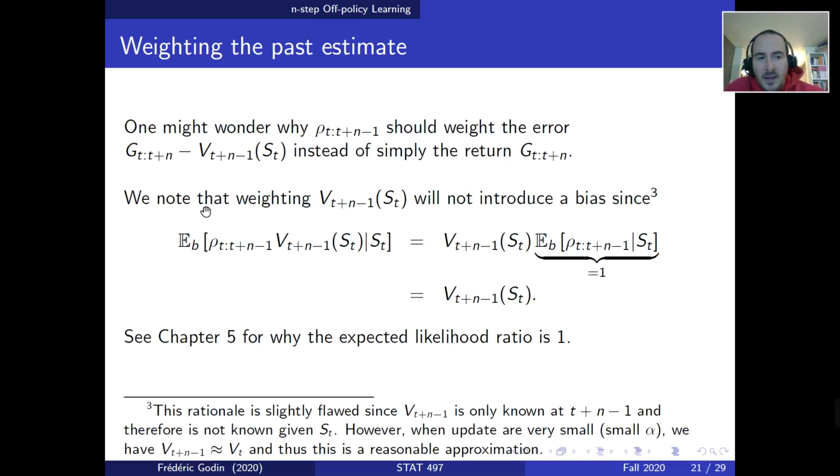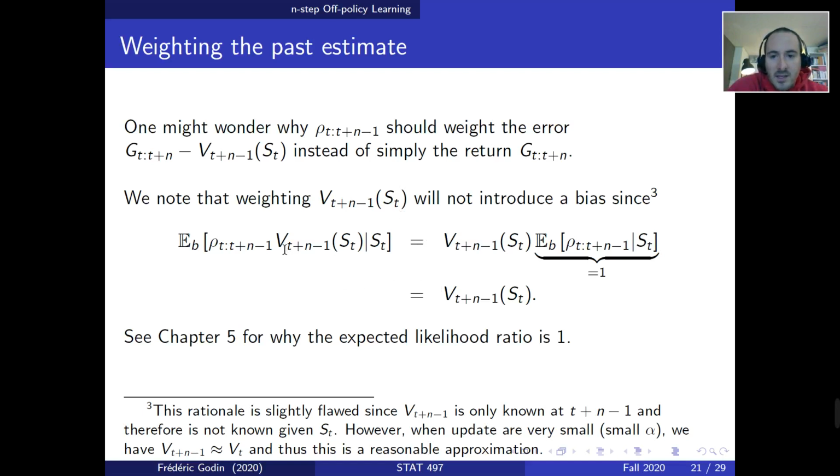The expected value under the behavior policy b, which is the policy under which we've simulated our episodes, of the importance sampling ratio times the current estimate of the value of the state S t, given S t, is equal to this.